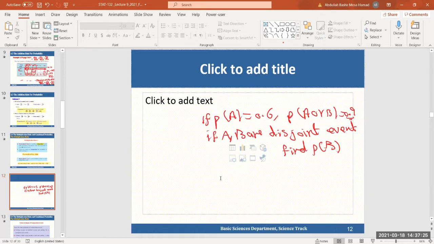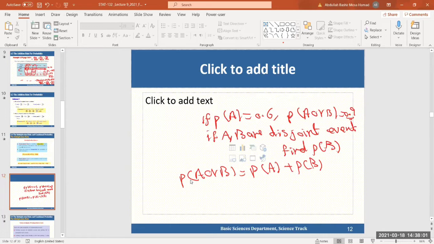How to find P of B? Using P of A and P of A or B, P of B equals 0.3. Yes, great. Just like this, I know P of A or B equals P of A plus P of B. Why plus P of B?